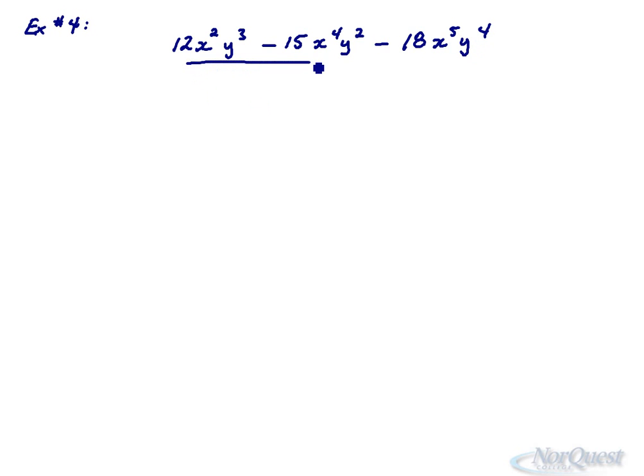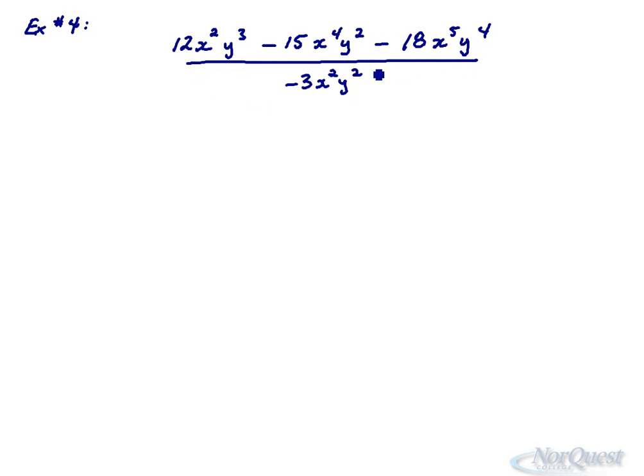Example number 4, we're going to look at 12x squared y cubed subtract 15x to the 4th y squared subtract 18x to the 5 y to the 4, and we're going to divide this trinomial by -3x squared y squared.